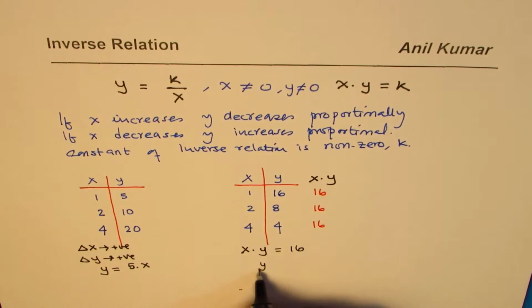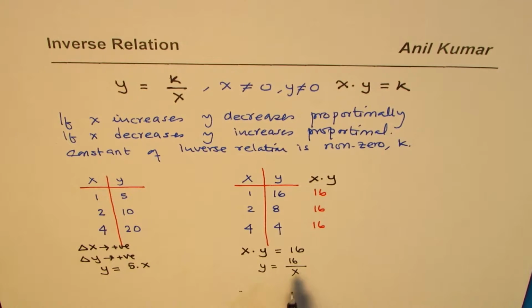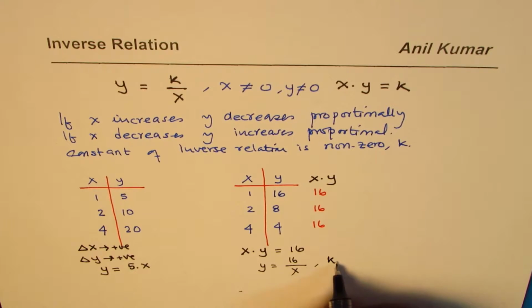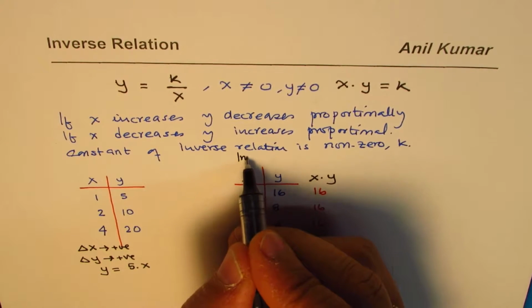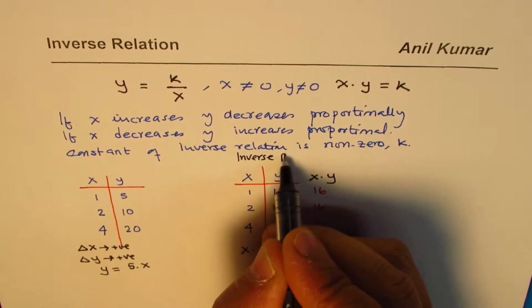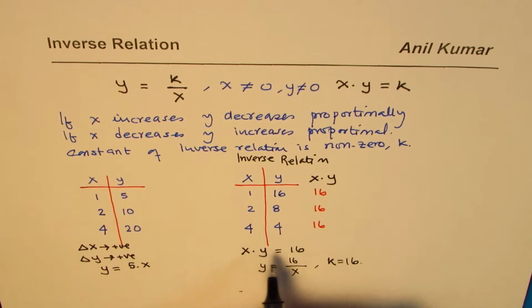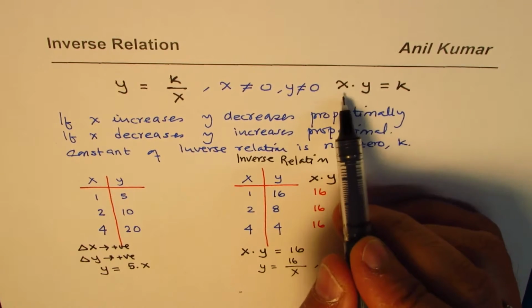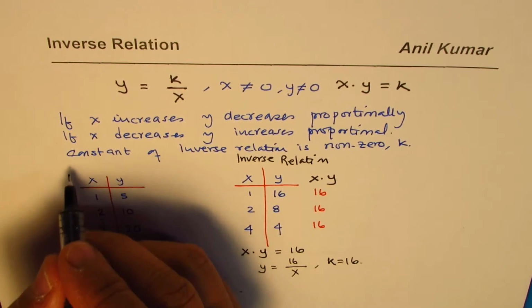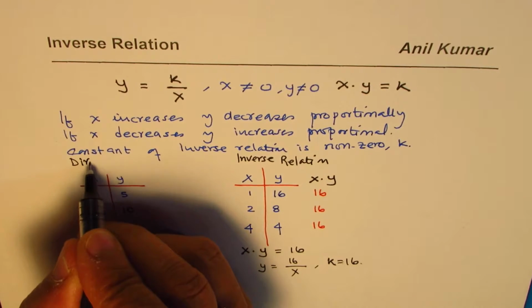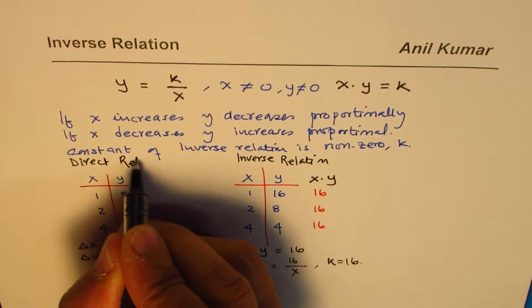So we could write y as equal to 16 divided by x. Now, if you compare this equation with the inverse relation equation, you will say, well, in our case, the constant k is equal to 16, and this represents inverse relation. Do you get an idea? So, in inverse relation, we also find that the product of two variables is always constant. However, on the other side, we were talking about direct relation.